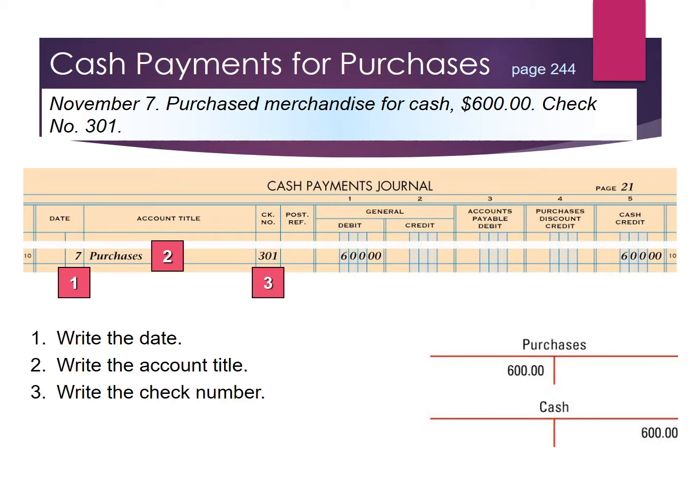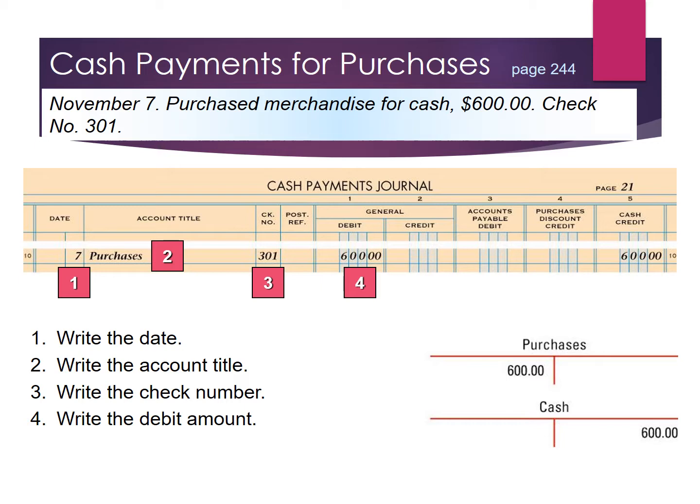So then we will write our check number, and then we check, is there a specialty column for purchases? The answer is no. Notice that column 4 is for purchases discount, not purchases. So we are going to have to use our general debit column and record our debit amount of $600.